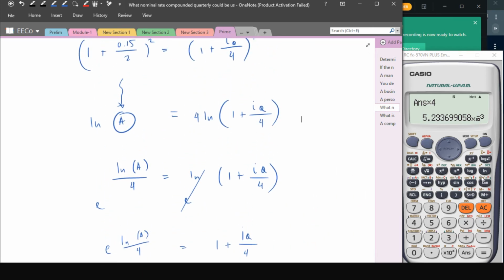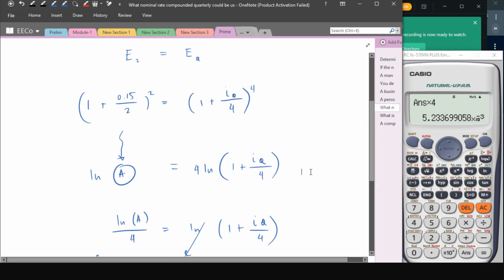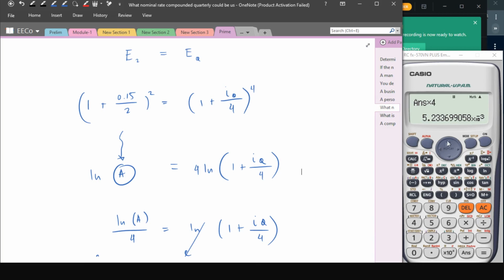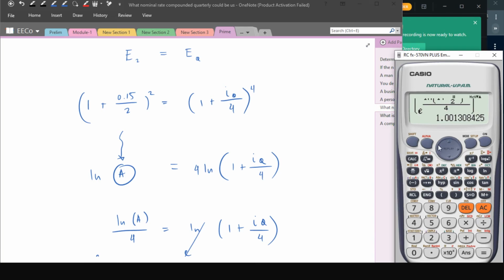Tama naman. 1 plus 0.15 over 2. Squared. Tama naman. ln. Okay. Ano na? So, e, ln over 4.